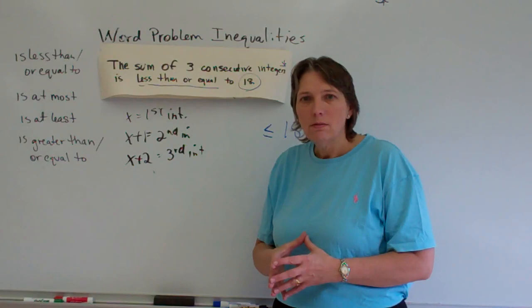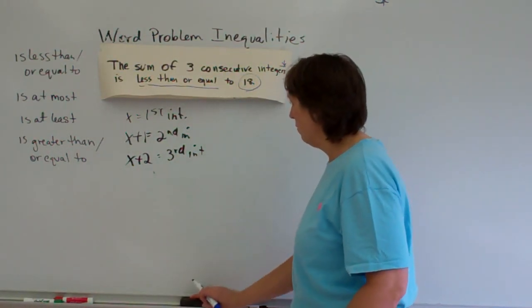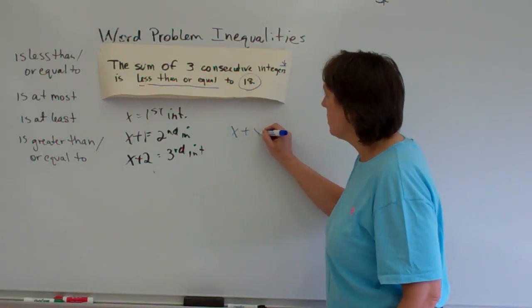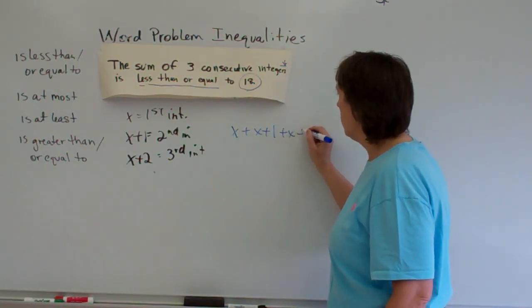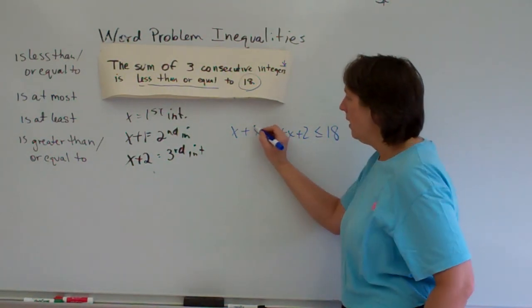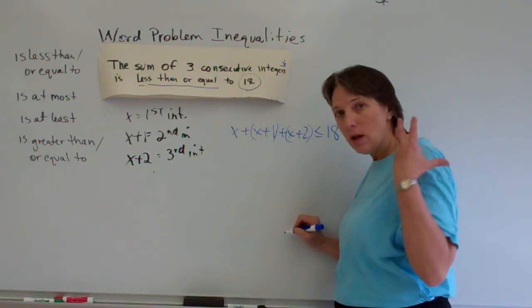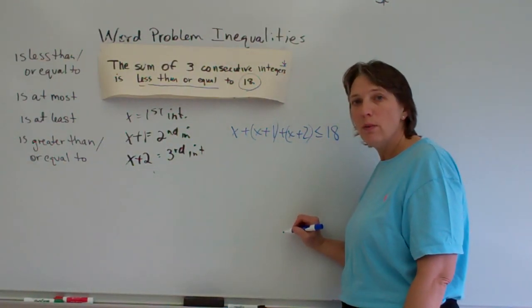I don't mind if you do that, or if you say x plus 1 plus x plus 2 is less than or equal to 18. Some of you may want to include the parentheses. It'll help you organize your information.